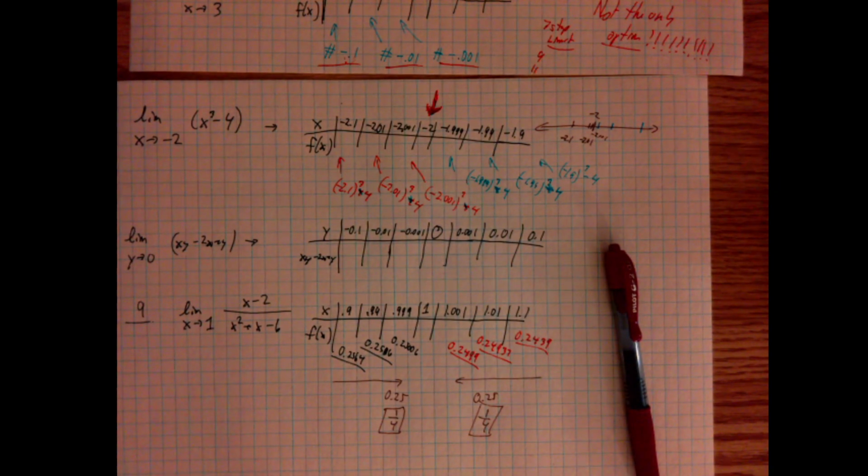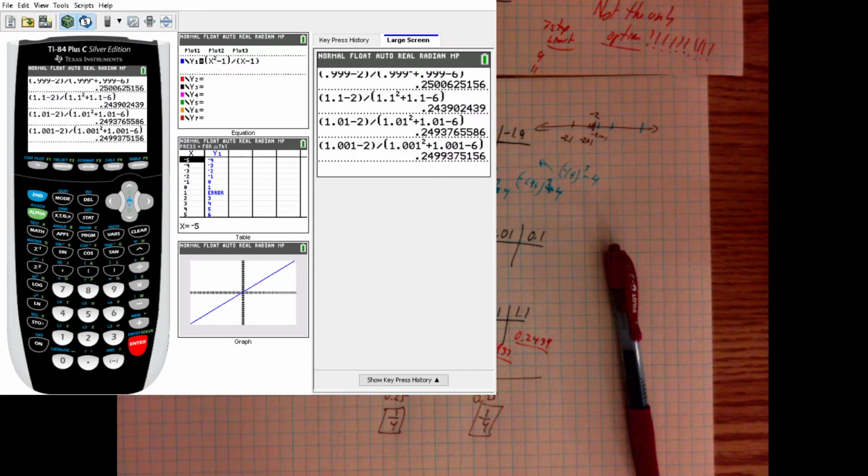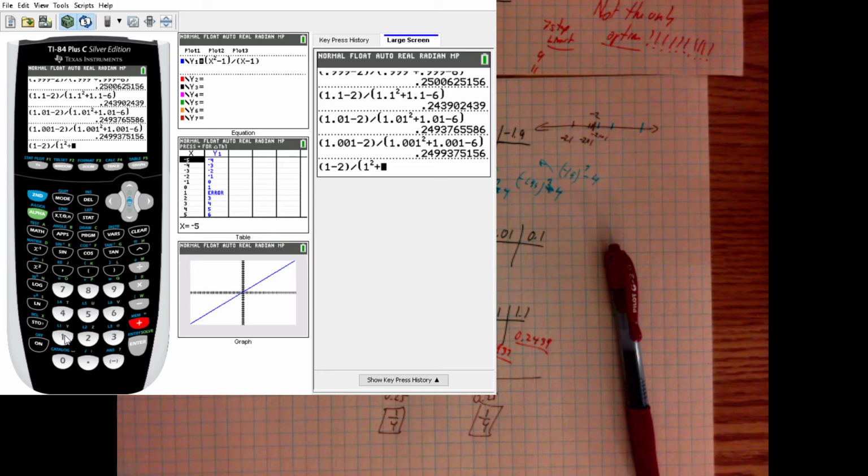The reason being, of course, is that if I actually pull this thing open and type in, parentheses, 1 minus 2, divided by, parentheses, 1 squared plus 1 minus 6.